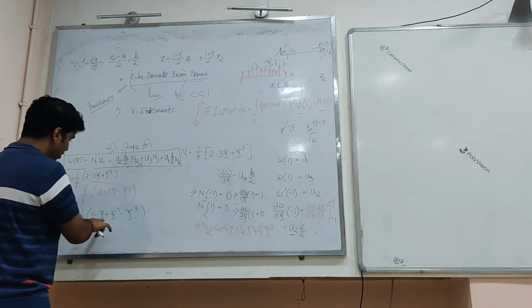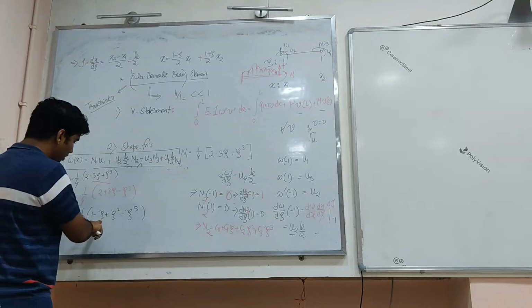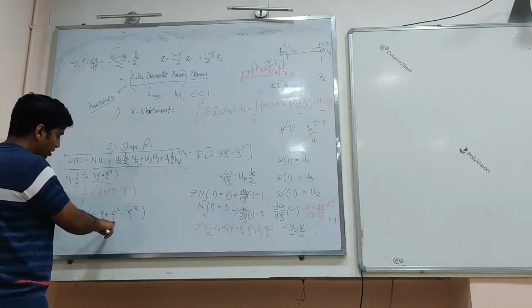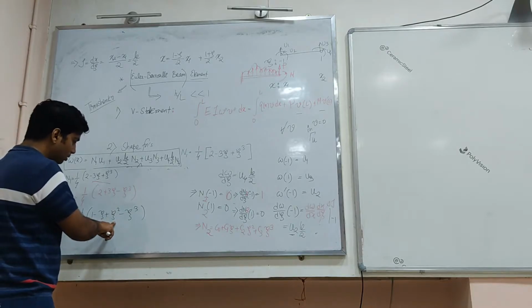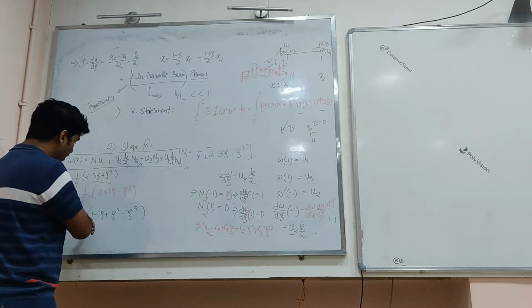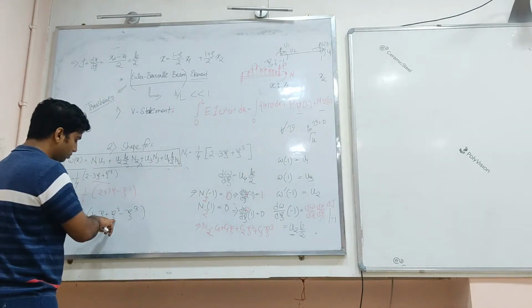So when you put 1, 1 minus xi equals 0, then xi squared minus xi cubed also goes to 0. If I put minus 1, then 1 plus 1, 2, and so on, I'm getting 4.